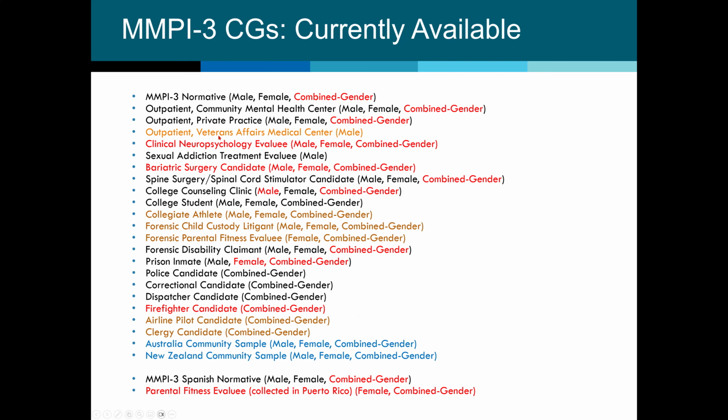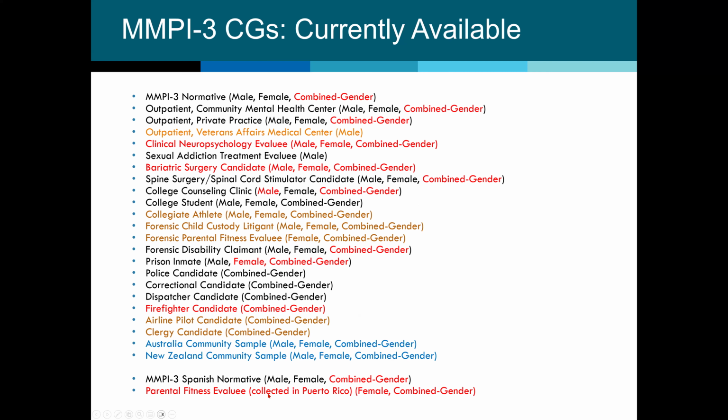And so the most recent additions include VA Medical Center outpatient males, a sample of collegiate athletes, 2 new forensic samples, child custody litigants, and parental fitness evaluees, a sample of airline pilot candidates, and clergy candidates. Listed in blue are 2 additional comparison groups that are available for use outside the U.S., with community samples representing the adult populations of Australia and New Zealand.